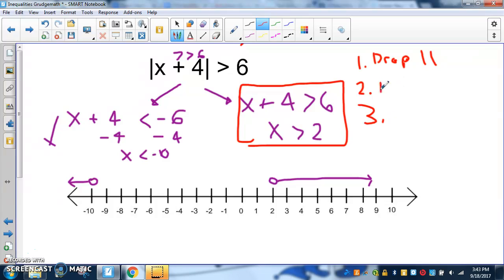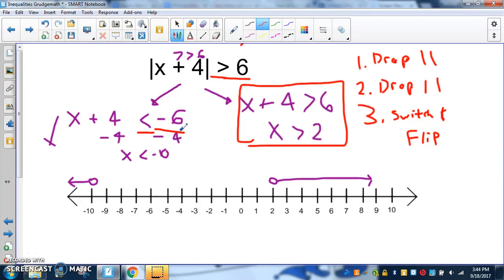Step 2 is to also, again, drop the absolute value sign, like I did over here, no more absolute value sign. But then you need to switch and flip your signs. So you switch this sign to its inverse, and then you flip the inequality sign as well to its inverse.